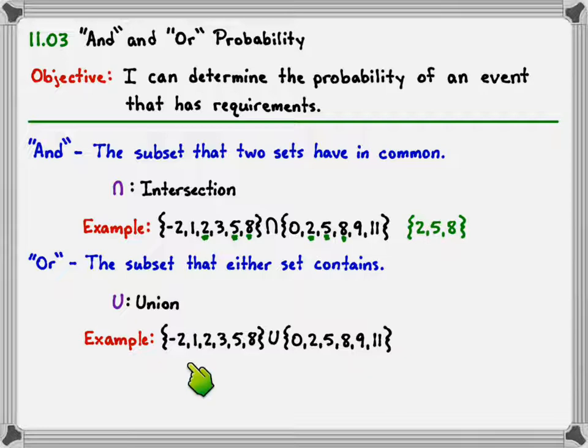Is negative 1 in this set or this set? No, it's not in either of them. So negative 1 doesn't count. And so basically what we're doing when we're talking about a union or an or statement is listing all of the numbers in either set all in one set. Notice we didn't repeat numbers, so we did see that both of them have 2. We don't write 2 twice, we just write it once.